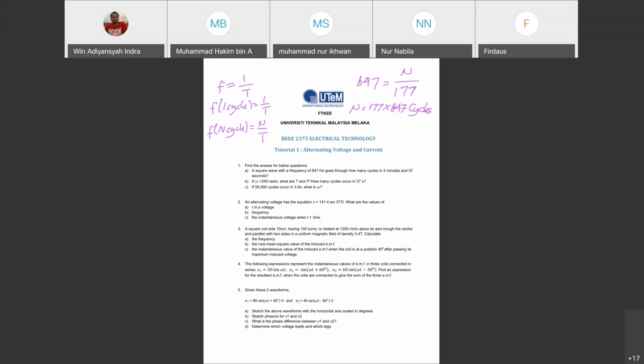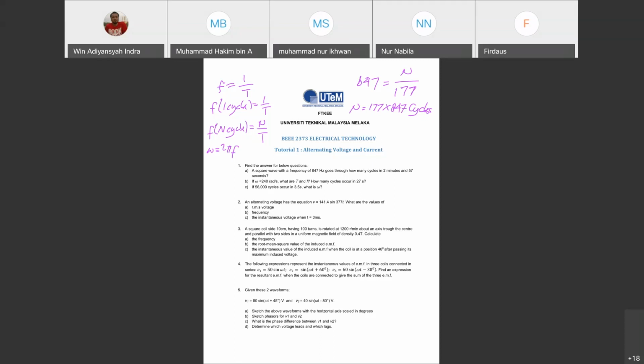B. If omega equals 240 radian per second, what are T and F? How many cycles occur in 27 seconds? So the formula for omega, equals 2 pi F. Right?